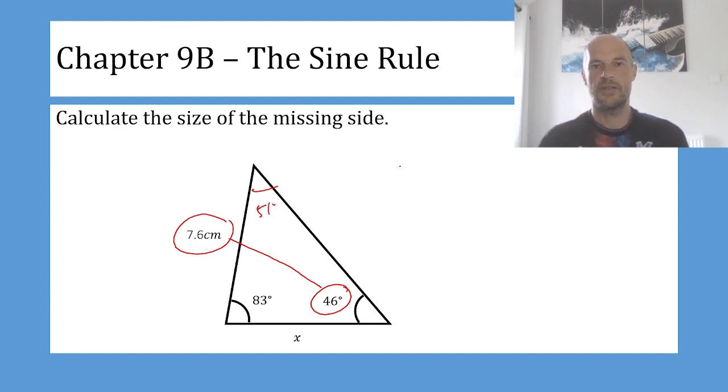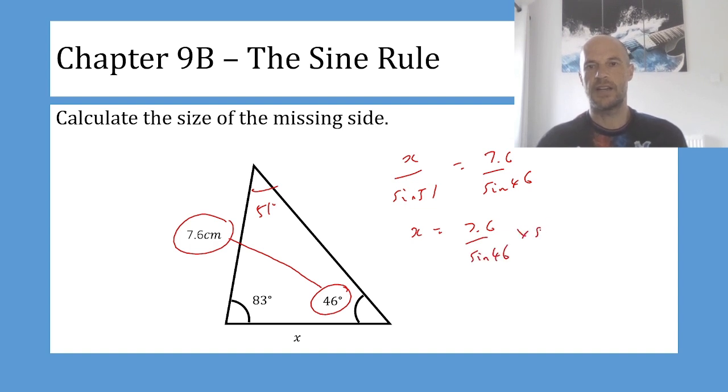So now I can do x over sine 51 equals 7.6 divided by sine 46. So x is 7.6 over sine 46 multiplied by sine 51. So grab the calculator. 7.6 divided by sine 46 times sine 51. x is 8.21 centimeters.